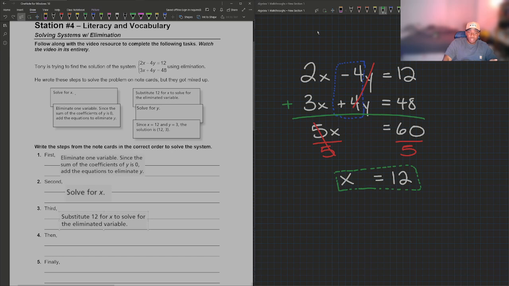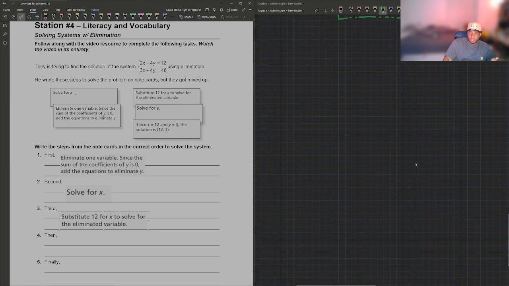And the beauty of that is that we can plug 12 into whichever equation we find to be the easiest. Let me go ahead and plug it into the first one, because it seems like that'll result in a smaller number. We like working with smaller numbers generally. So we're going to write that first equation.